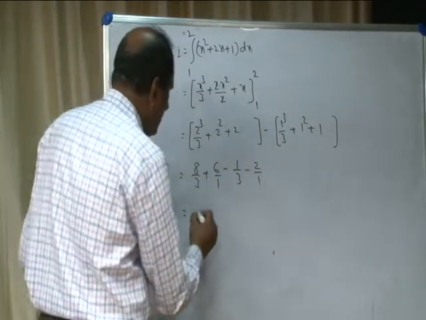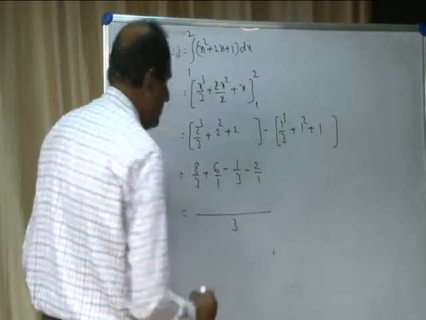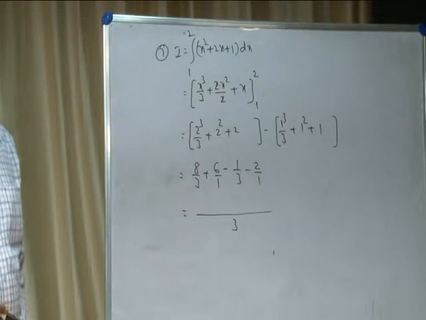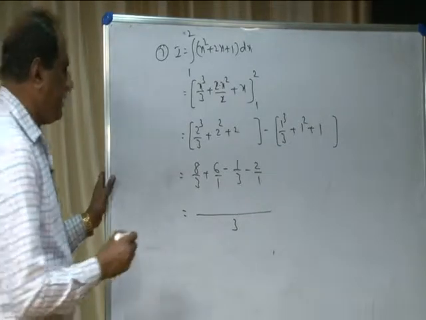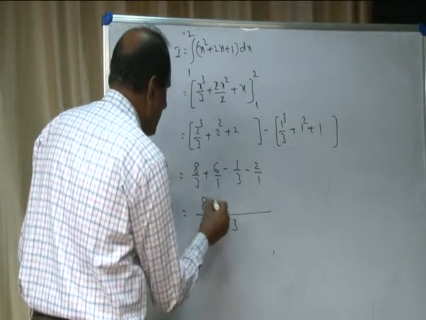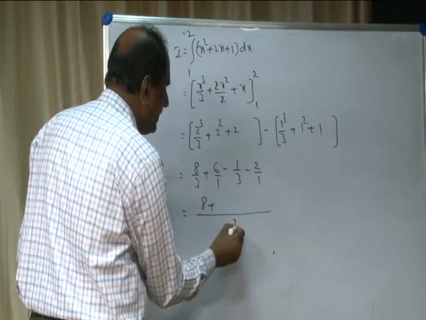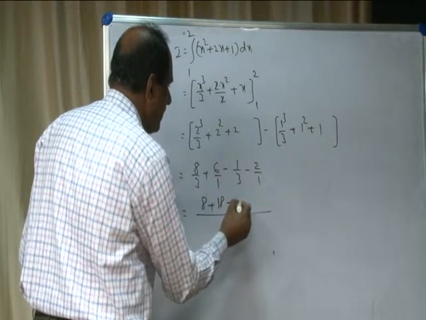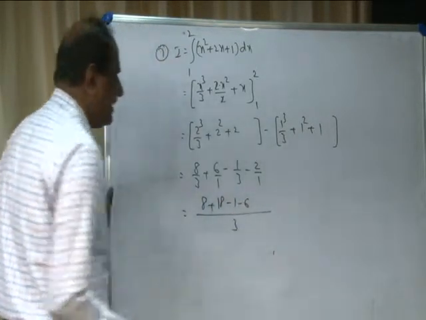What is the LCM for the denominators? 3 is the LCM, that is 8 plus 1 divides 3 times, 3 into 6 is 18, minus 1, minus 3 into 2 is 6.